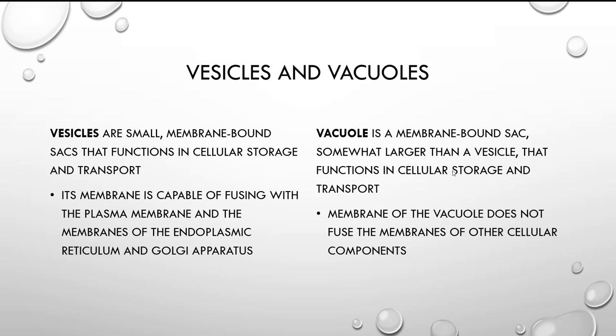They're more just storing and transporting things within a cell, but they're not fusing with anything. All right. So again, vesicles are very important in our endomembrane system to help move the products of the endoplasmic reticulum to the Golgi apparatus, and then from the Golgi apparatus to the plasma membrane.